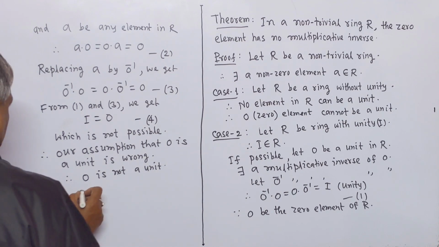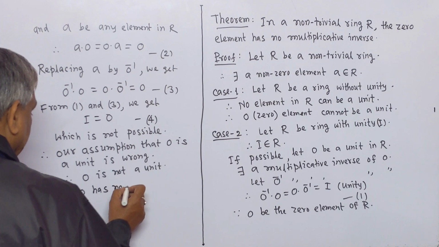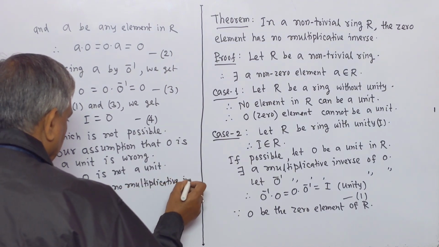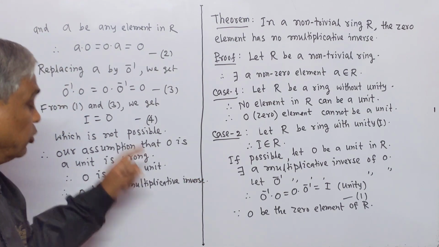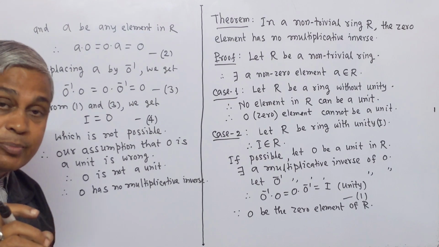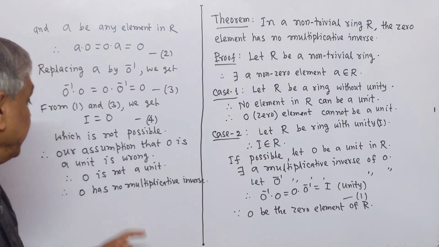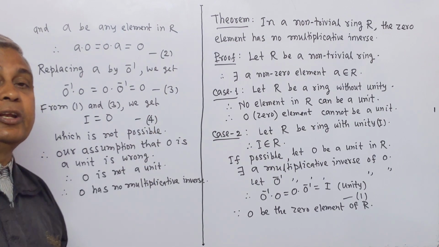Therefore, 0 has no multiplicative inverse. If 0 is unit, then 0 has a multiplicative inverse. But here 0 is not a unit. That means 0 has no multiplicative inverse. Proved.